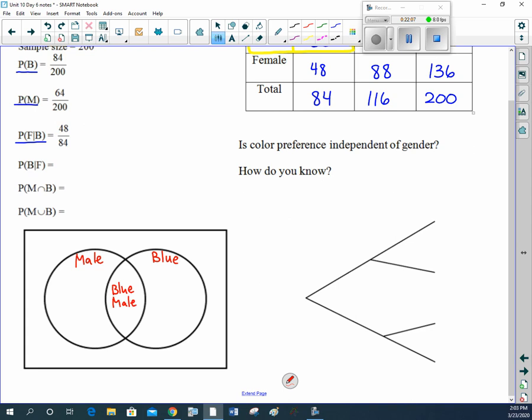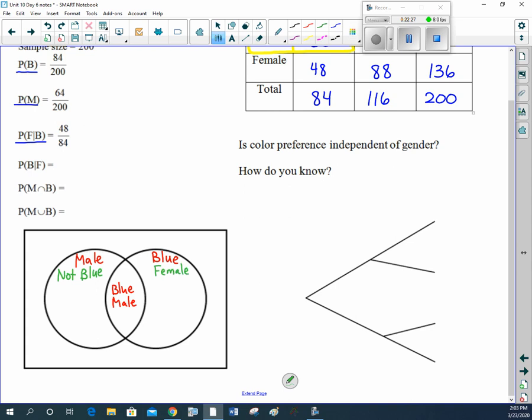Both of those scenarios. Okay, so now what you've got to do is figure out what the rest of the labels are. Well, if this is male, then this must also be the people who don't like blue, so not blue. And if this is blue, this must be the female.